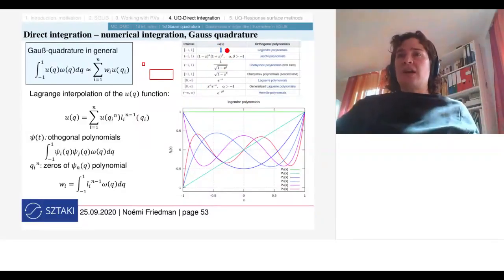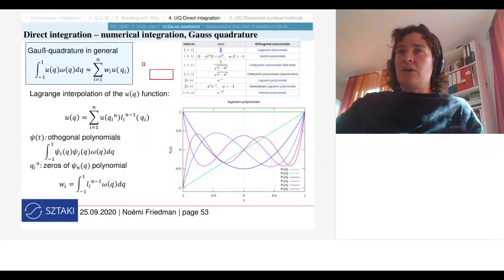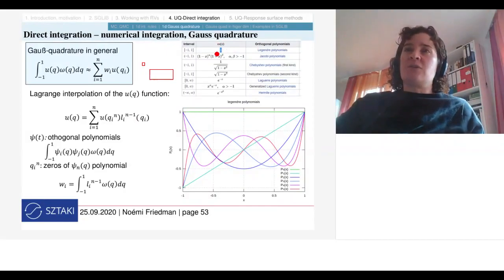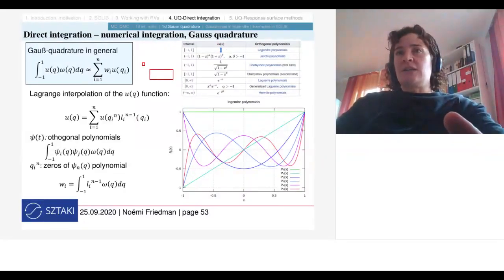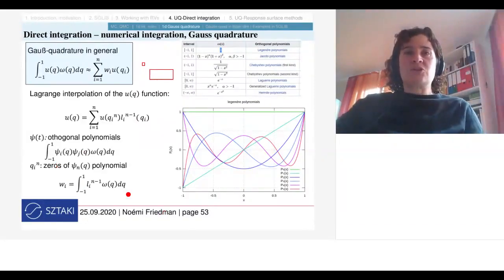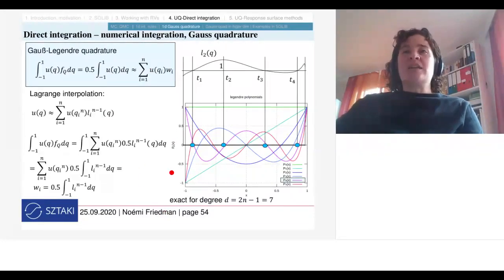So you have to watch out what weight you have here and how to modify your polynomials if the weighting is different. This is something you have to pay attention to. This is a specific example with the uniform distribution. That's why I have the half here, because the weighting function is just half.